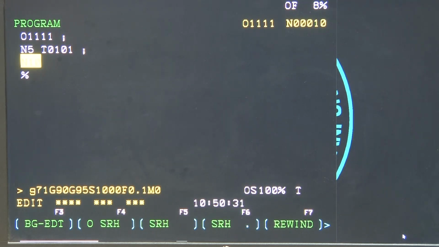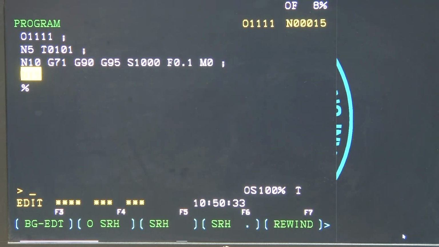Now, the next is N10, the next sequence, that will have G71, G90, G95, S1000, F.1 and M4. So, what does it mean?